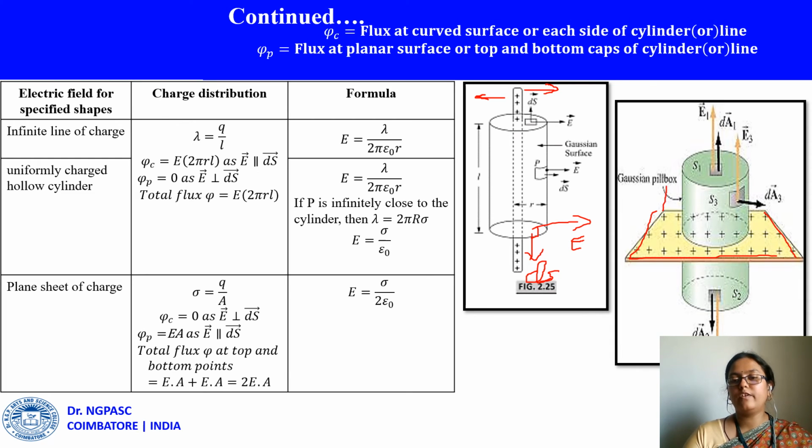So the electric field will be going up and down in this case. So that will be in the same direction as the surface direction. So here for plane sheet of charge, the electric field will be sigma by 2 epsilon naught.